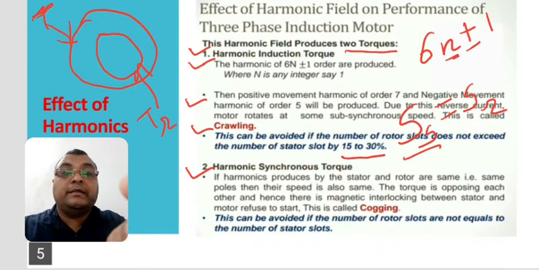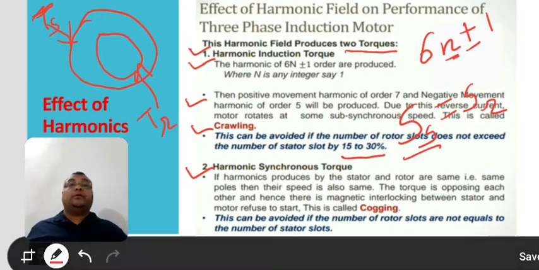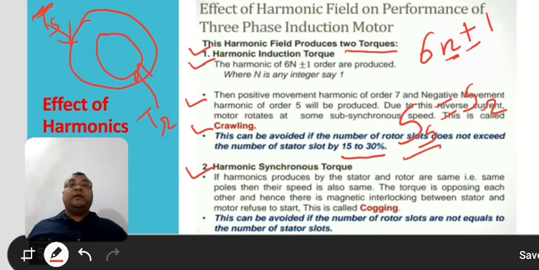If they are opposing each other, it results in magnetic interlocking between the stator and rotor. So the stator and rotor get magnetically interlocked and the motor will not rotate. The motor refuses to start, so we call this cogging. This situation is considered cogging.